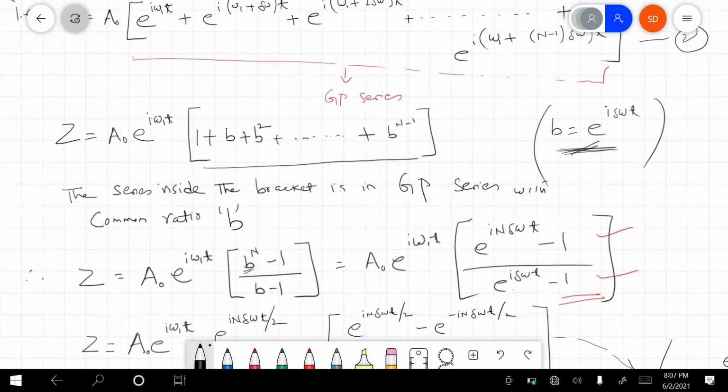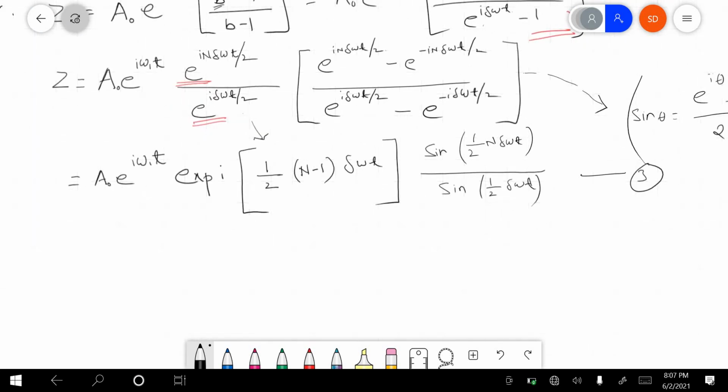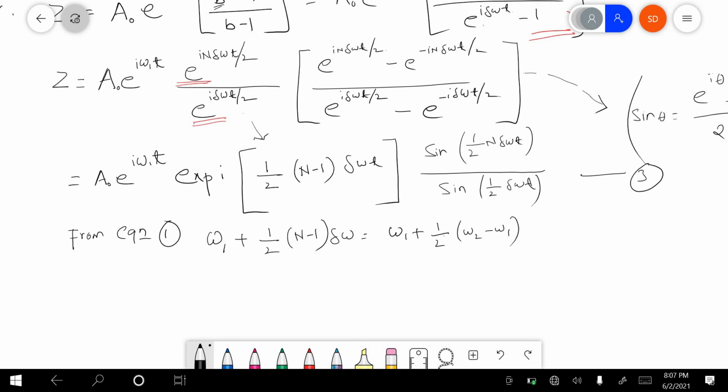So putting the value from equation 1 here, we can write omega 1 plus half of n minus 1 del omega is equal to omega 1 plus half of omega 2 minus omega 1, that is equal to half of omega 1 plus omega 2, which you can write as the average of omega 1 and omega 2, omega average. This is equation number 4.